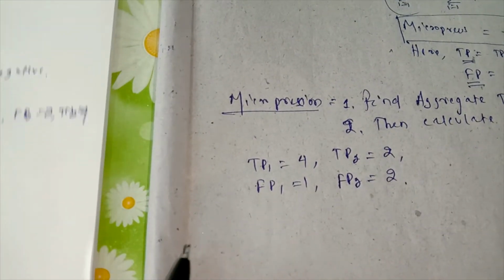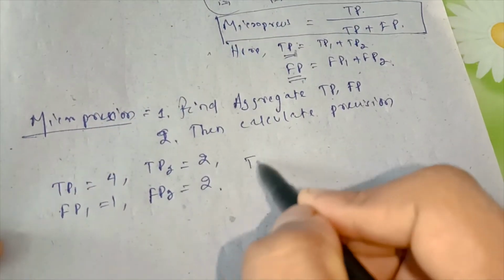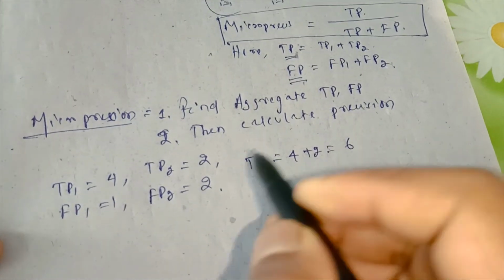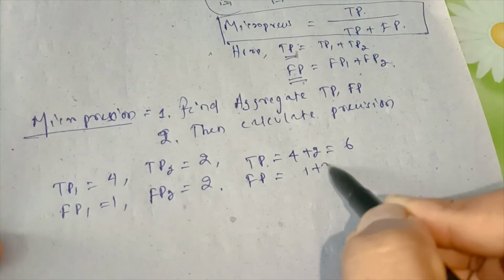So total TP equal to 4 plus 2 equal to 6, and FP equal to 1 plus 2 equal to 3.